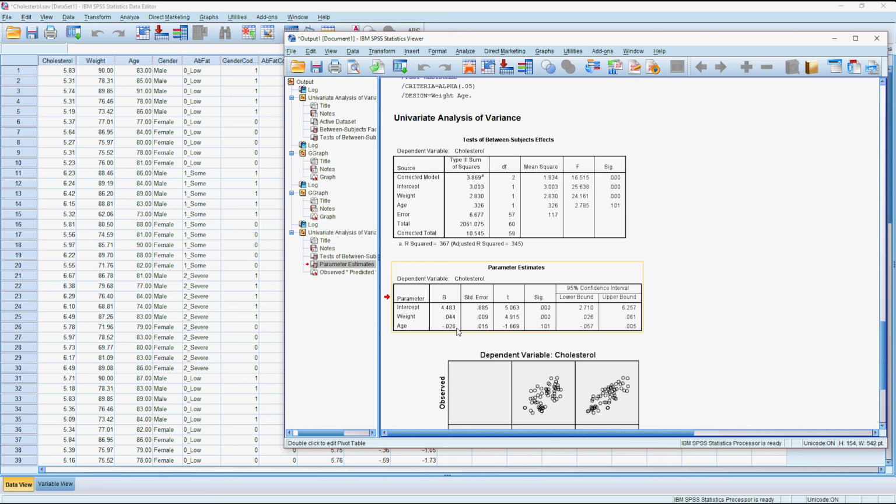Now we've also got an adjustment here for age, but as that was not significant, I probably wouldn't keep it in the model. I'd probably just take it out and run the model again. I'm not going to do that now because we've still got a couple of variables, gender and abdominal fat, which we haven't looked at yet. And I'll do that in the next video, and then we might take age out and see what happens. So that's our model.